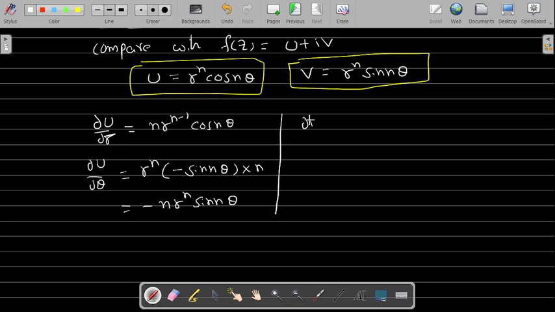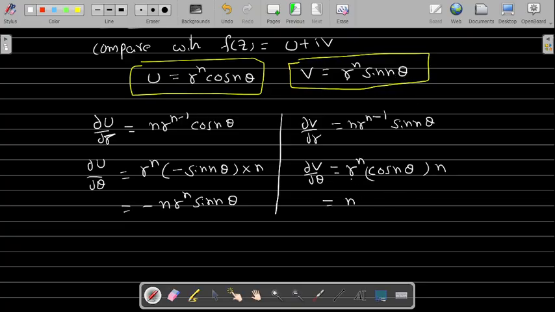Next dou v by dou r: partially with respect to r, the differentiation of r power n is n into r power n minus 1, and sin n theta stays as it is. Next dou v by dou theta: with respect to theta, r power n is constant, the differentiation of sin n theta is cos n theta into the derivative of n theta, which is n.